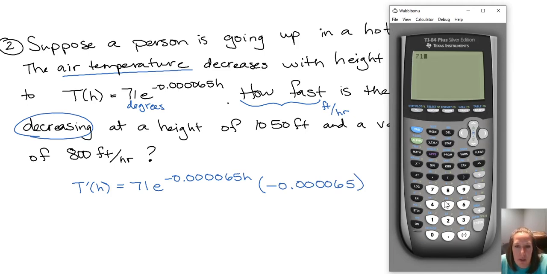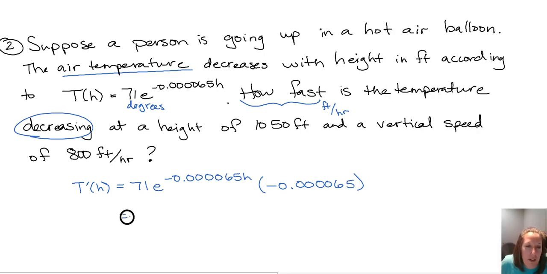So we have 71 times negative 0.000065, which gives us a coefficient of negative 0.004615. We still have it multiplied by that exponential.